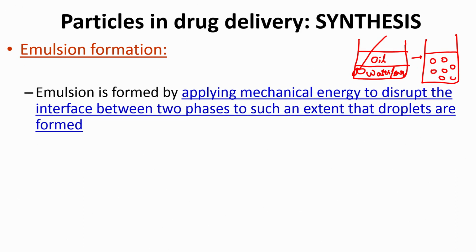These droplets are being formed because of this energy. We are breaking this interface again and again. The more energy we give, the smaller these droplets will be. So this process is nothing but an emulsion.